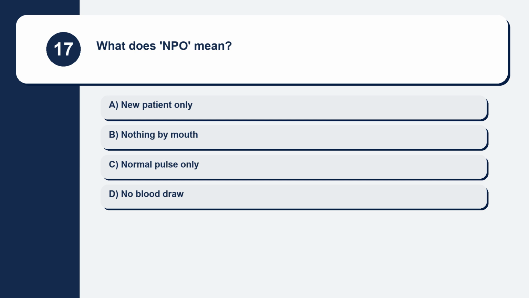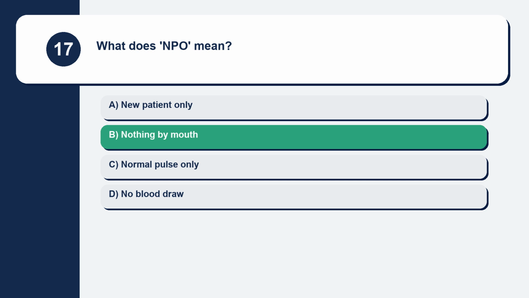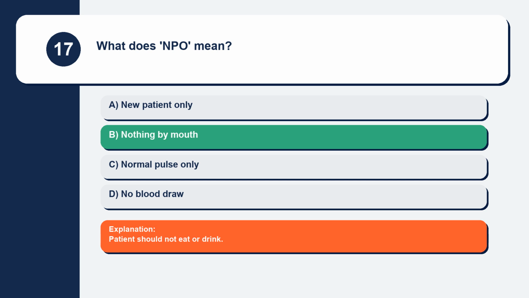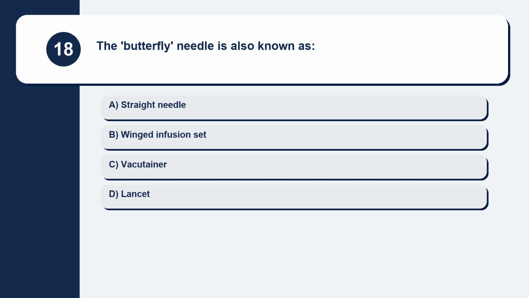Question 17. What does NPO mean? New patient only, nothing by mouth, normal pulse only, no blood draw. Patient should not eat or drink. Question 18. The butterfly needle is also known as straight needle, winged infusion set, vacutainer, lancet.